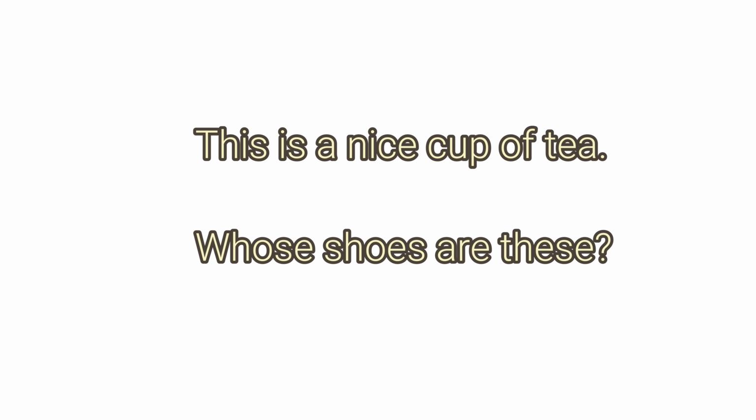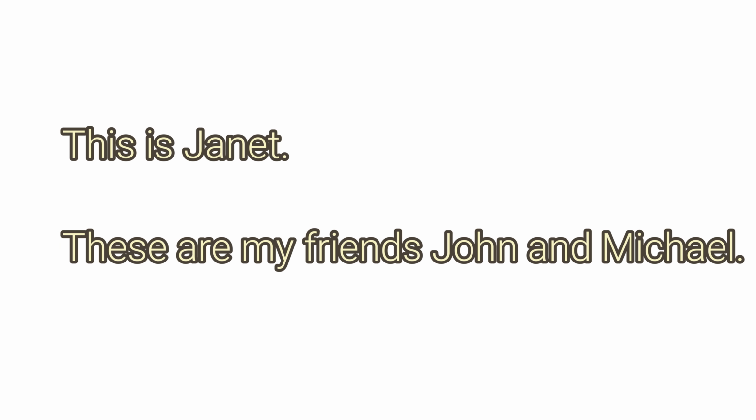For example, this is a nice cup of tea, or whose shoes are those? So here we are talking about things. Now when you talk about people, we say, this is Janet, or these are my friends, John and Michael. So this is how we use these two, this and these.